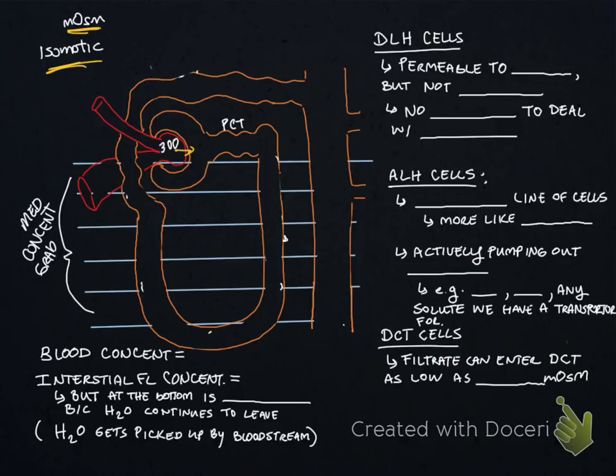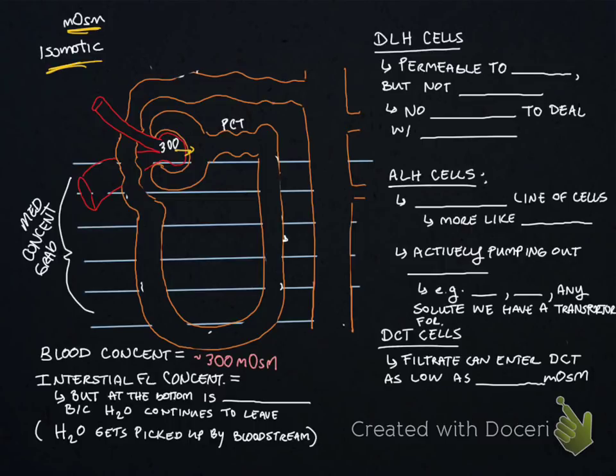All right, so now we need to talk about the other parts of the nephron. Let's first talk about concentration. Blood concentration is typically around 300 milliosmoles. And osmolarity just really means how concentrated something is.